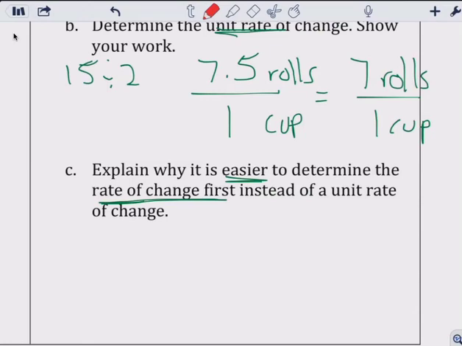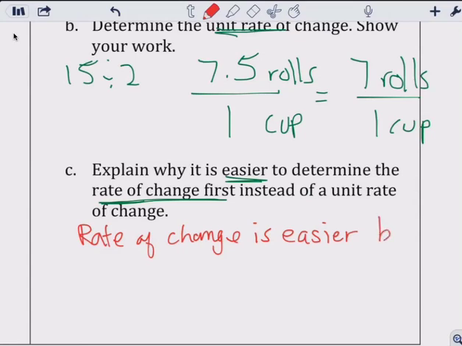So most people don't use unit rate, we use rate of change, because rate of change is easier, because we're working with whole numbers.